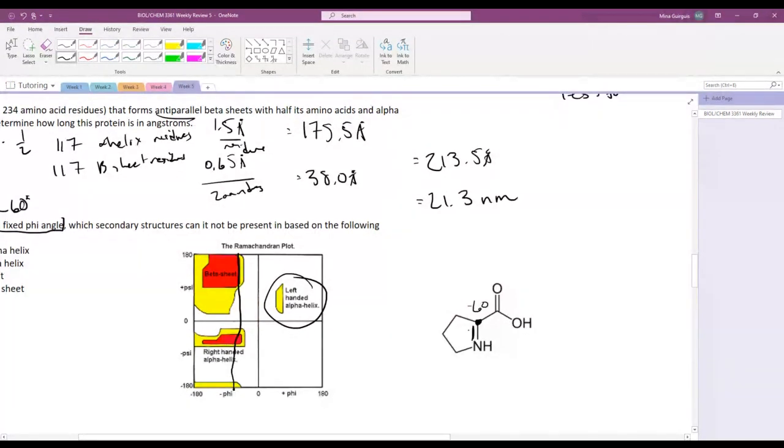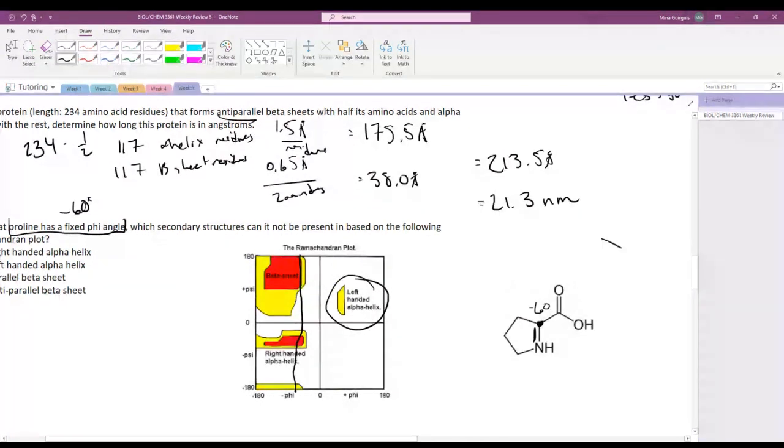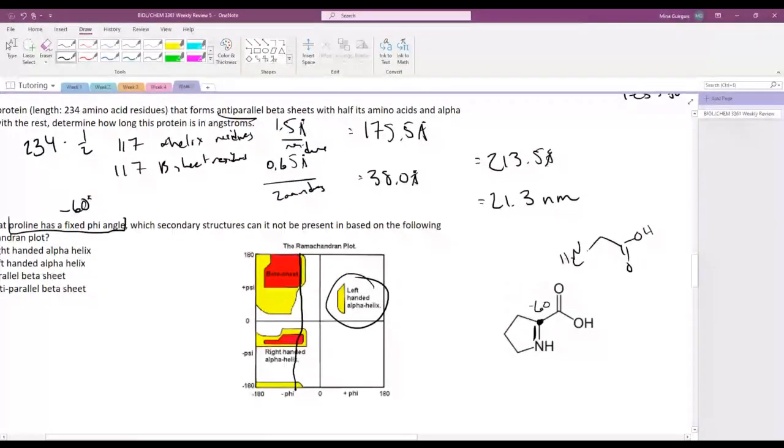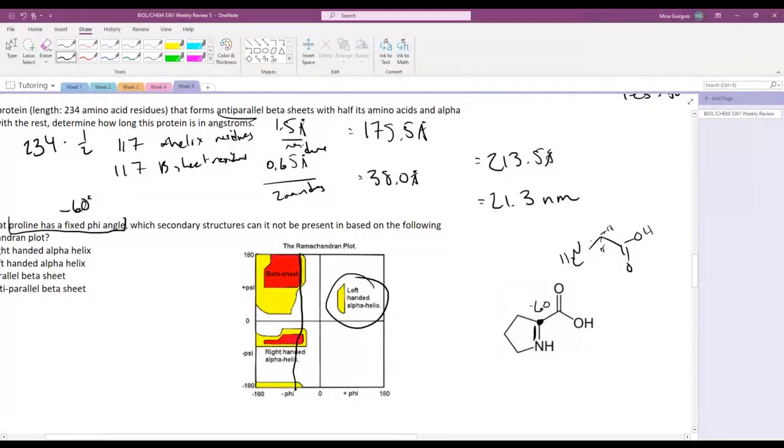I don't know exactly if that matches with what a pentagon would normally have, but in this case it is. So it can't change it around. Whereas something like glycine, just a regular amino acid with just an NH2 here and hydrogen, hydrogen there, this bond is free to rotate pretty freely, and so it can hit a lot of different angles.